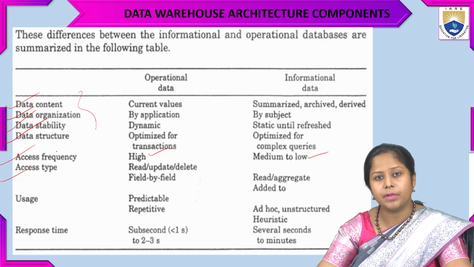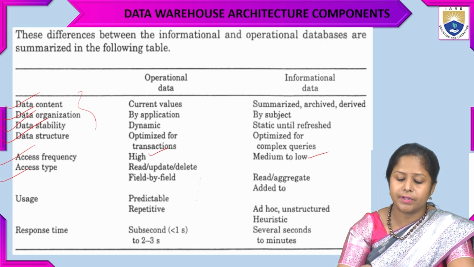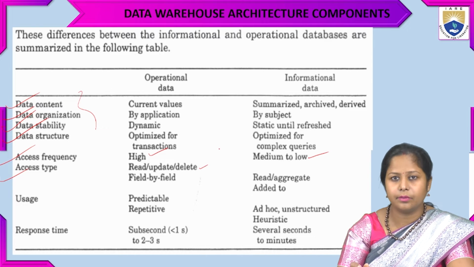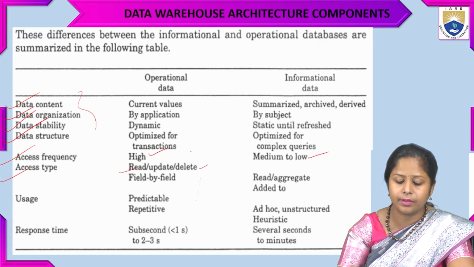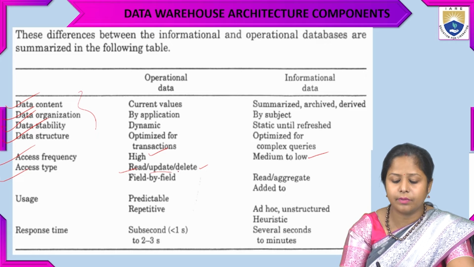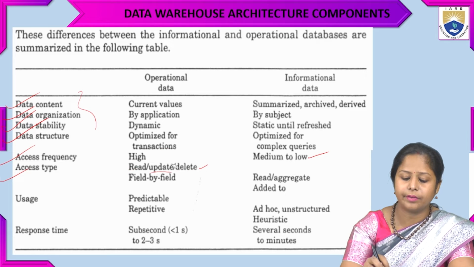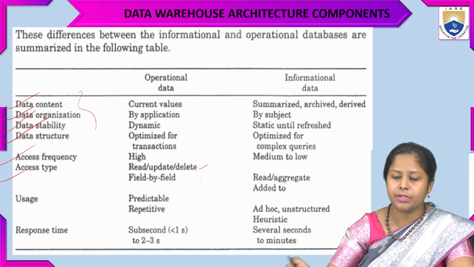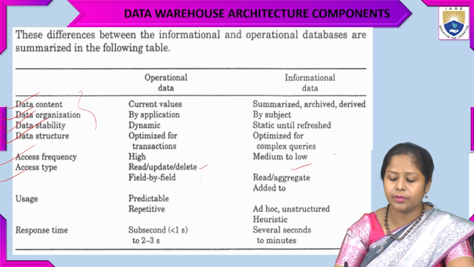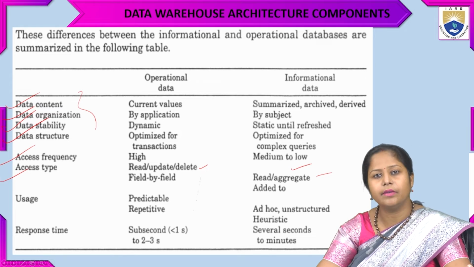On the basis of access type, for operational data we can read, update, and delete by field. But in the informational data, we only have to read and aggregate when it is added.